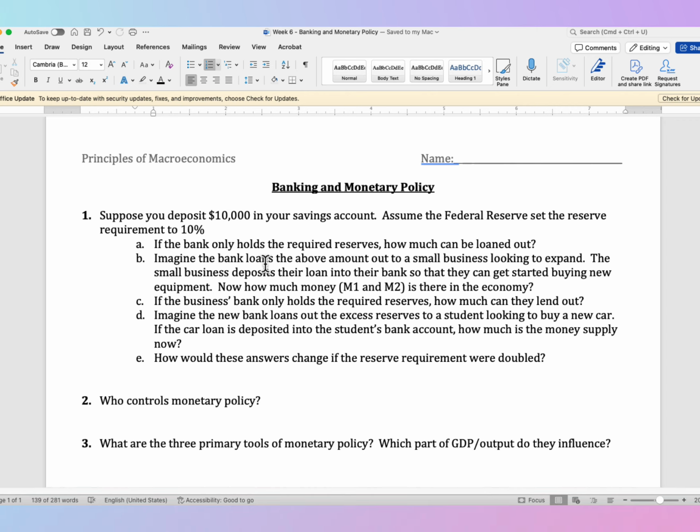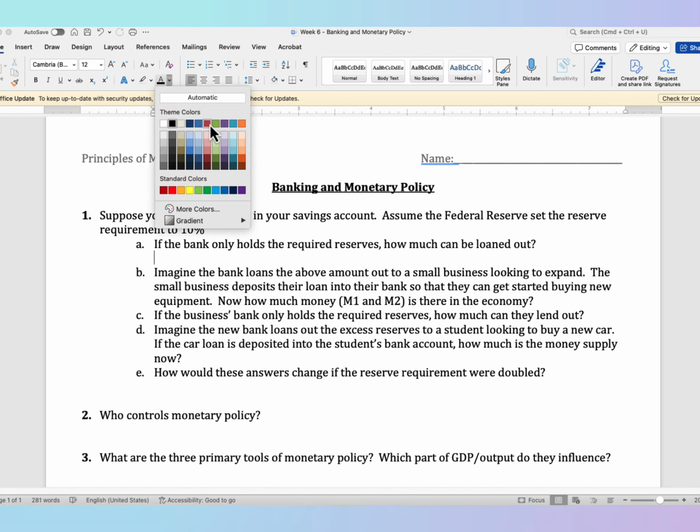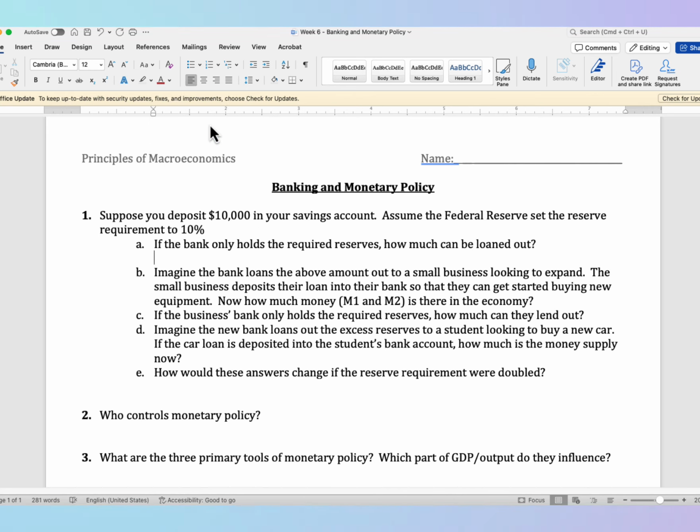So if we deposit $10,000 into a savings account and the bank can loan out 90% of that, the amount that can be loaned out is going to be 90% of those $10,000, or another way to say it is that we can hold in reserve 10%.